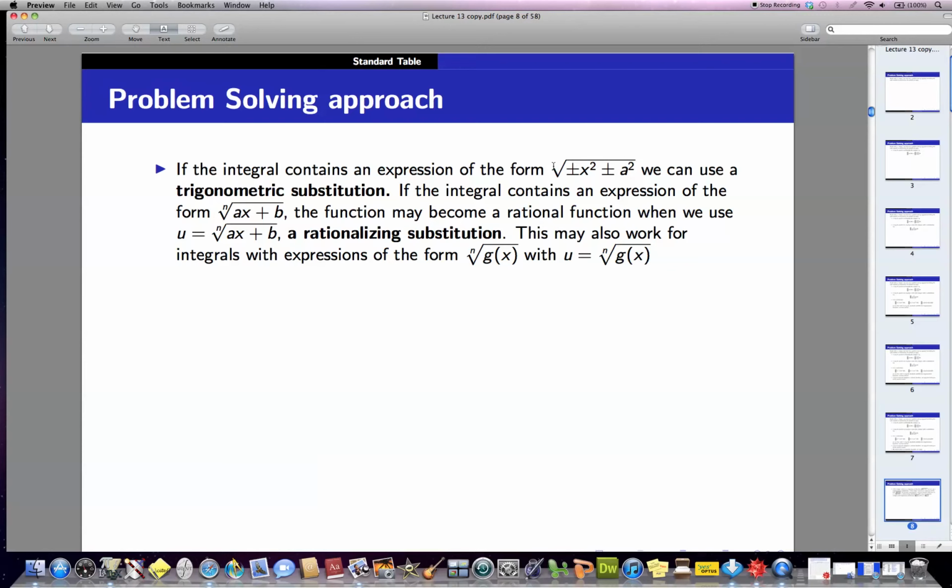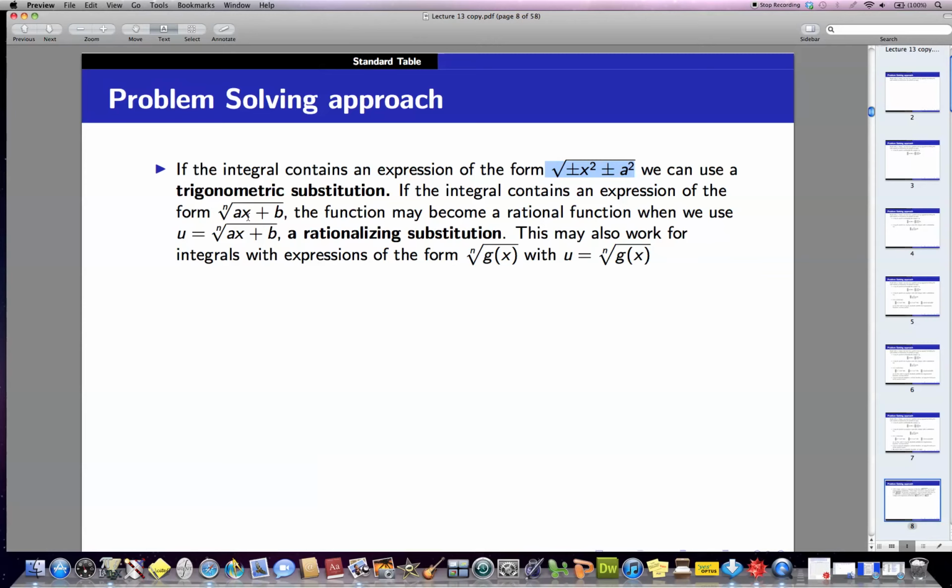If the integral contains an expression that looks like this, then certainly trigonometric substitution is something to try, but obviously sometimes ordinary substitution works, so you should certainly try that first. And if that doesn't work, certainly trigonometric substitution is a likely candidate.